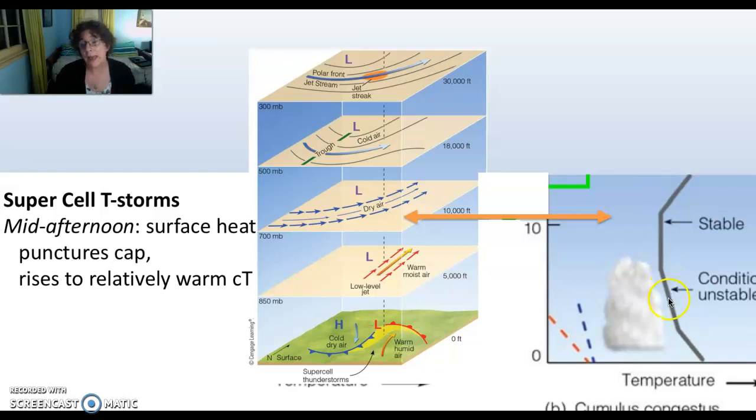So now we have a conditionally unstable atmosphere that is not quite as warm as it was before, and now through forced lifting and through latent energy, this parcel can stay warmer than the atmosphere around it and continue to grow.